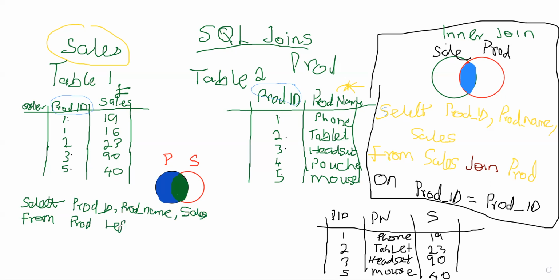You see that I'm explicitly stating it. Left join sales. Oh, sorry, we're not using where.